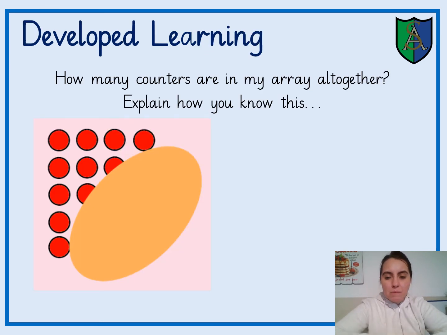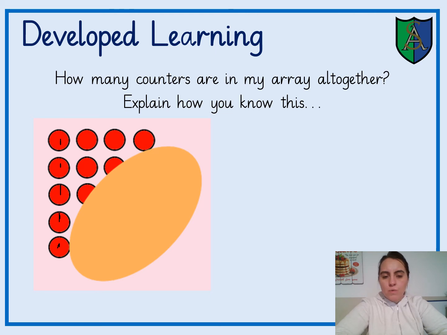Right, let's develop your learning a little bit further. Just like yesterday, we're going to be looking at a hidden array. Remember yesterday we looked to see how many there were in the rows. So 1, 2, 3, 4, 5. There are 5 rows, aren't there?